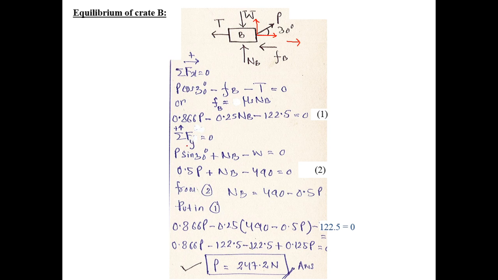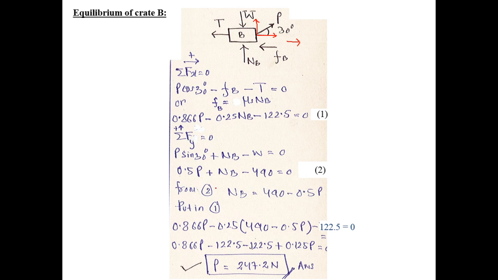Now apply summation Fy equals 0, and you will get the vertical component of P, that is P sin 30, plus NB minus W equals 0, and here you have equation number 2. Still, P and NB are unknown.